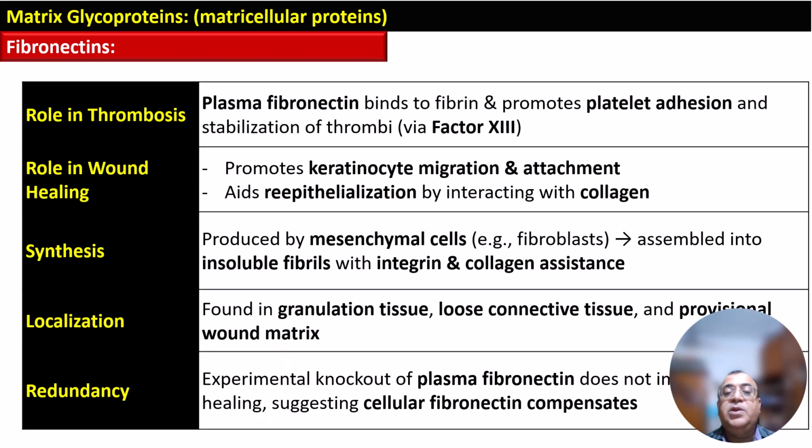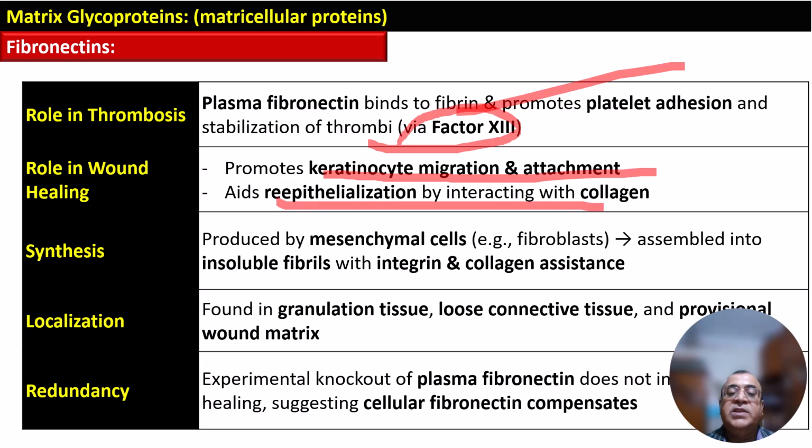Plasma fibronectin binds to fibrin, promotes platelet adhesion, and stabilizes the thrombi by factor 13 transglutaminases. It promotes keratinocyte migration and attachment in wound healing, and aids in reepithelialization by interacting with collagen.